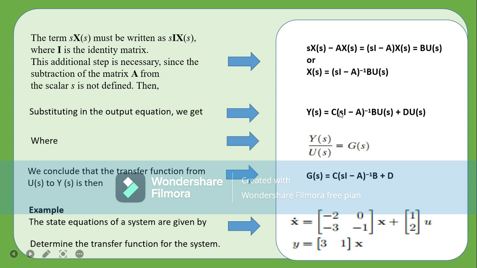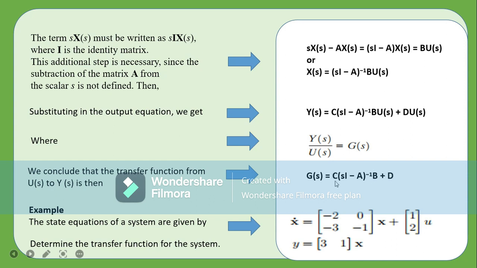So at the end of the day, you'll be left with C times xI minus A raised to the power minus 1 B plus D, while the u of x is gone. So at the end of the day, this is now our transfer function. Wow, this is beautiful. So we have been able to develop the equation for the transfer function using the state variable equation.